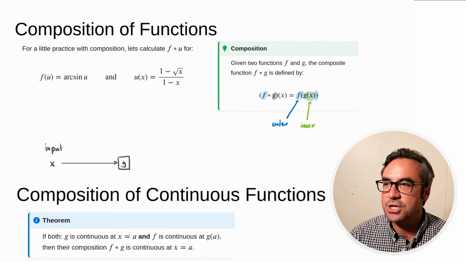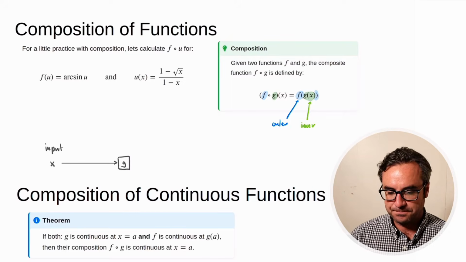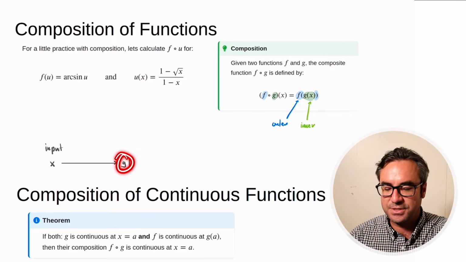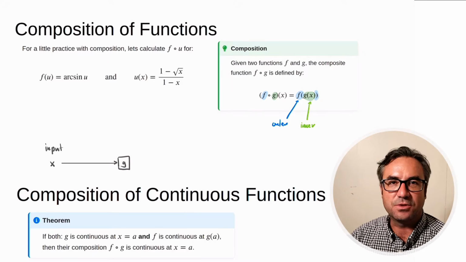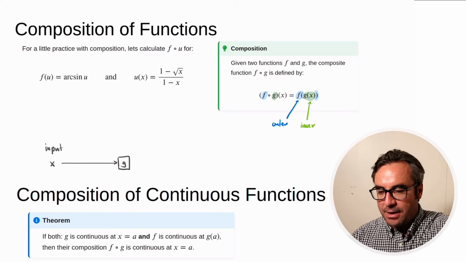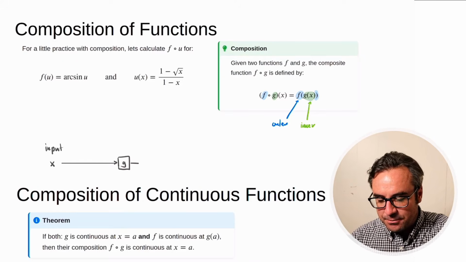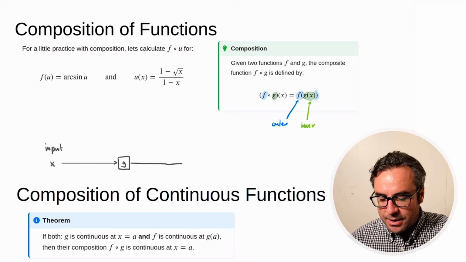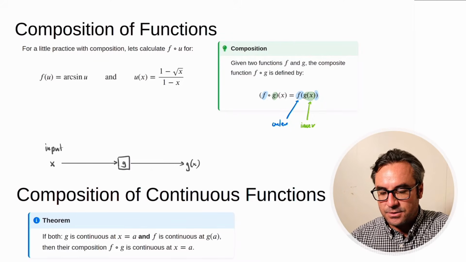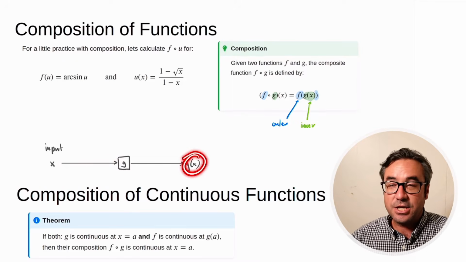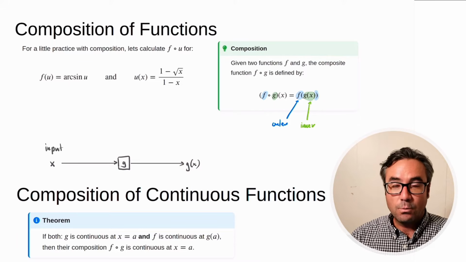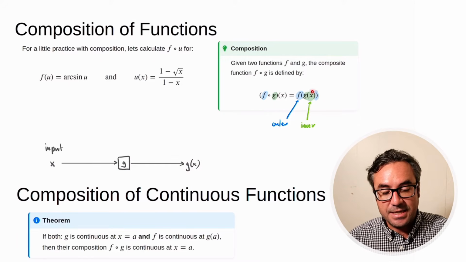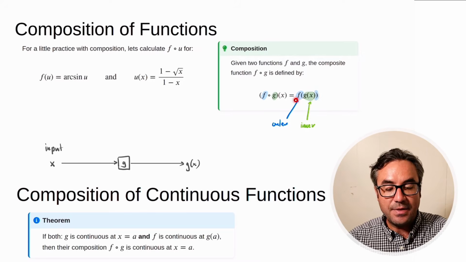So g is the inner function. G is the thing that we plug our input into first. So you can imagine the function is like this little device, this little machine, this little box here. And what it does is it returns a brand new thing, which we call g of x. So for function g, you take your input x, you plug it into the machine, and you get out g of x. Well, what the composition does is it takes that new input and then plugs it into the next function.